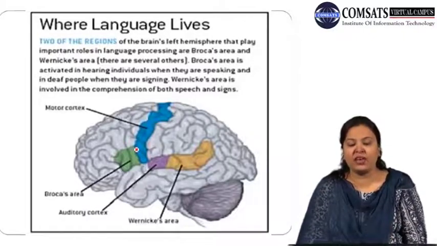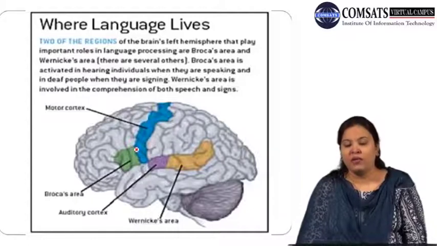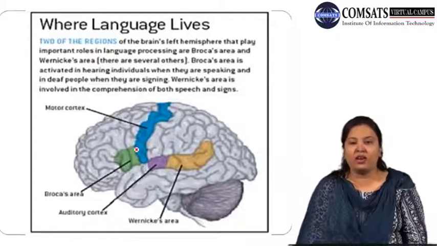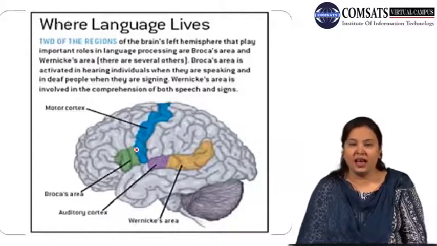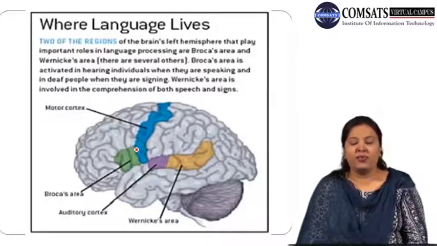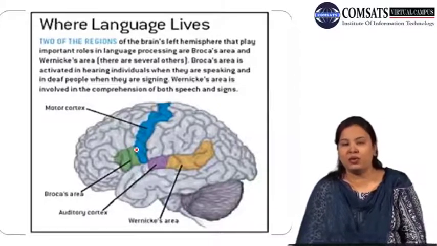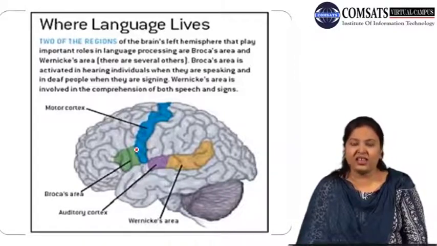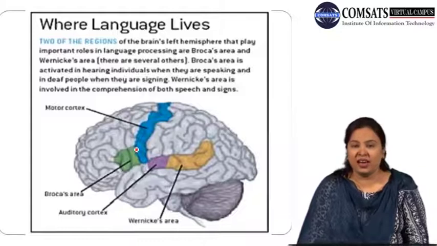Broca's area is activated in hearing individuals when they are speaking, and in deaf people when they are signing. In these people, with respect to this auditory thing, Broca's area is more activated, whereas Wernicke's area is involved in the comprehension of both speech and sign. So Broca's area is important with respect to language production, whereas Wernicke's area is important with respect to understanding of speech.